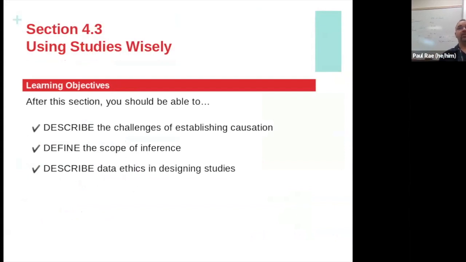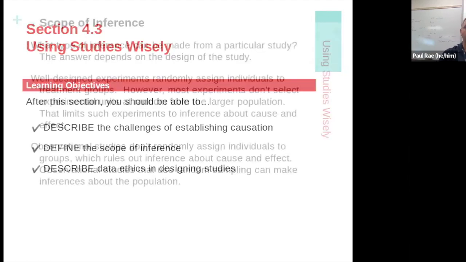And it is challenging to establish causation, especially in a lot of studies where we really want to establish causation. And that'll get into the third point there, the data ethics. Because sometimes, even though we'd love to do cause and effect, we can't due to ethical concerns. And we'll talk about the scope of inference in this section too.